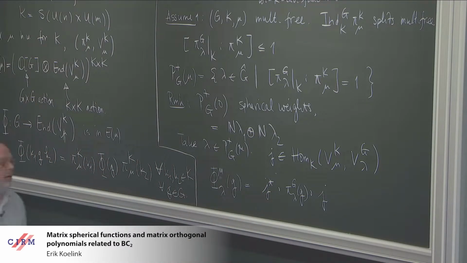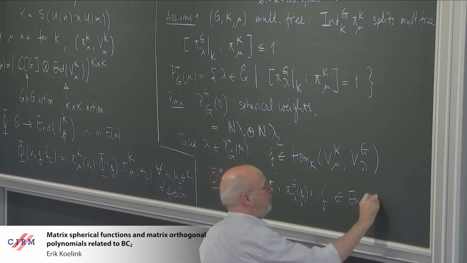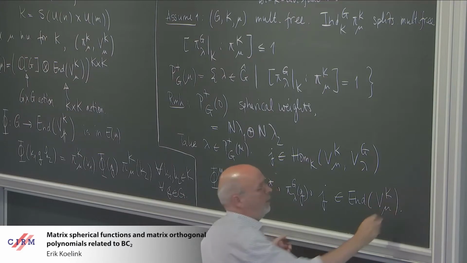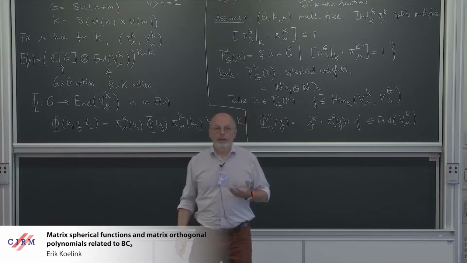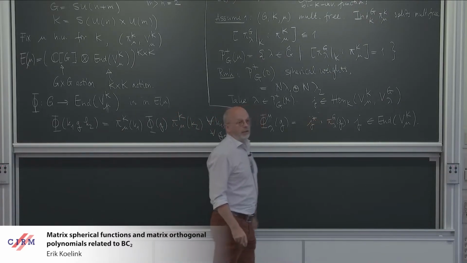And so this is a map that ends up in this space. And this one obviously has the right transformation behavior because J is a K intertwiner.